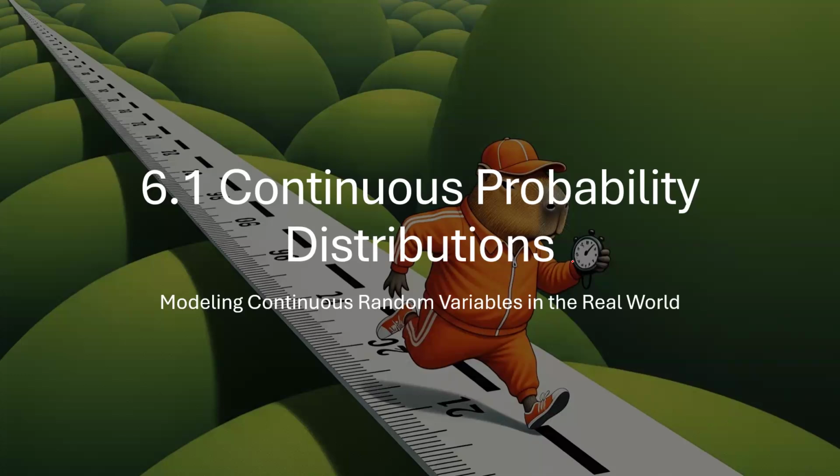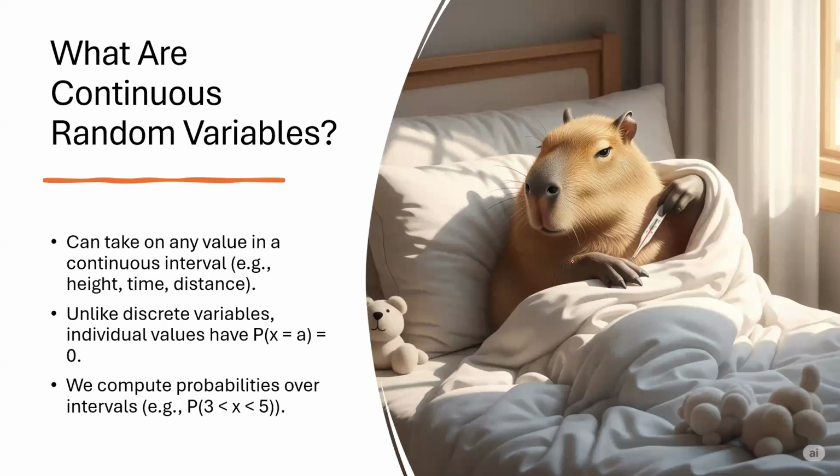We'll explore the mathematics and intuition behind uniform and exponential distributions, both of which are foundational in business, engineering, and science. A continuous random variable is one that can take any value within a given interval. This is different from discrete variables where the values are countable.